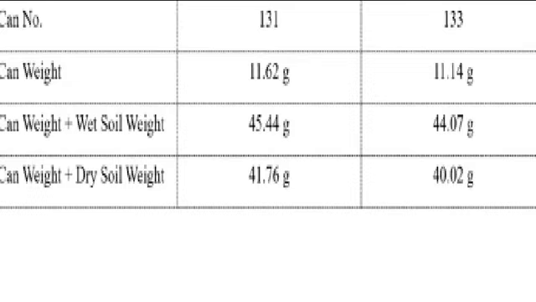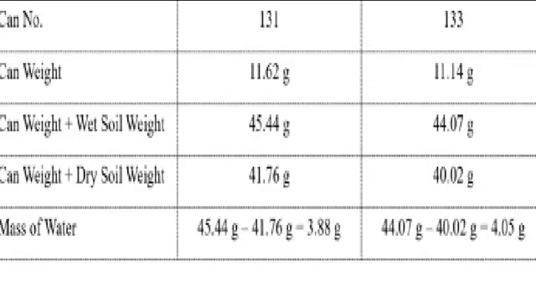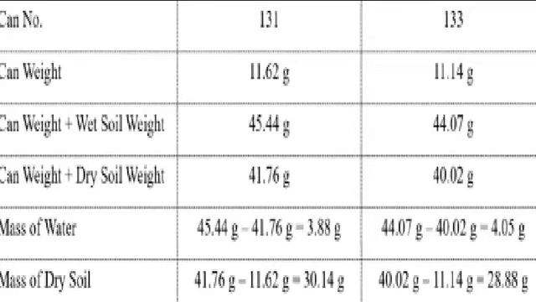The can weights of 131 and 133 were 11.62 and 11.14. The can plus wet soil weights were 45.44 and 44.07. The can plus dry soil weights were 41.76 and 40.02.